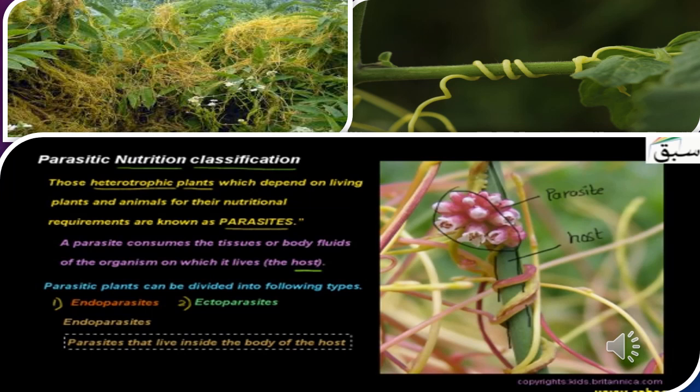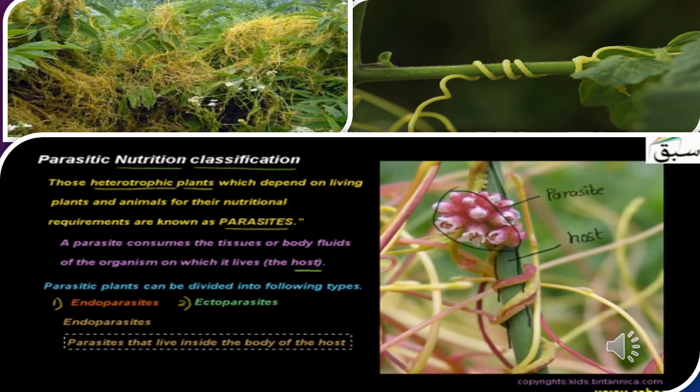parasitic plant. So we know that parasitic nutrition is a type of nutrition which depends on living plants and animals for their nutrition requirements. So when plants depend upon other plants or animals for the nutrition requirement, they are called parasites.